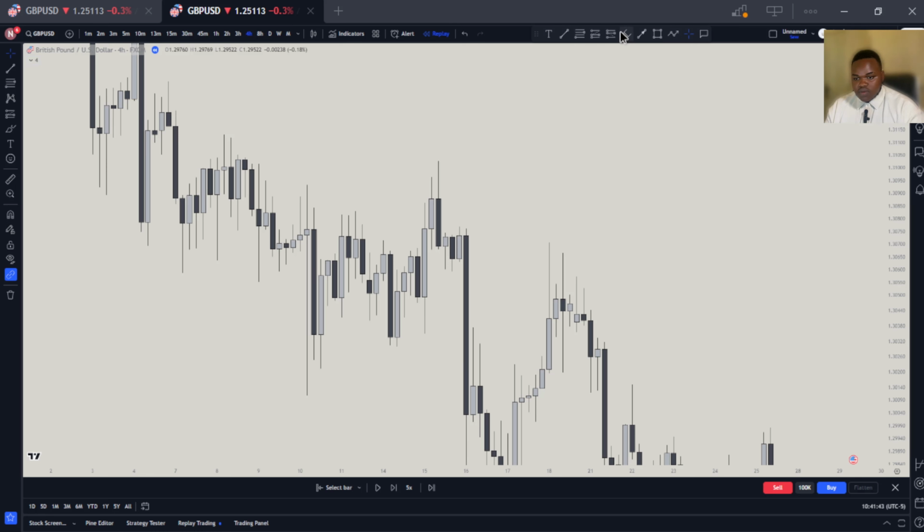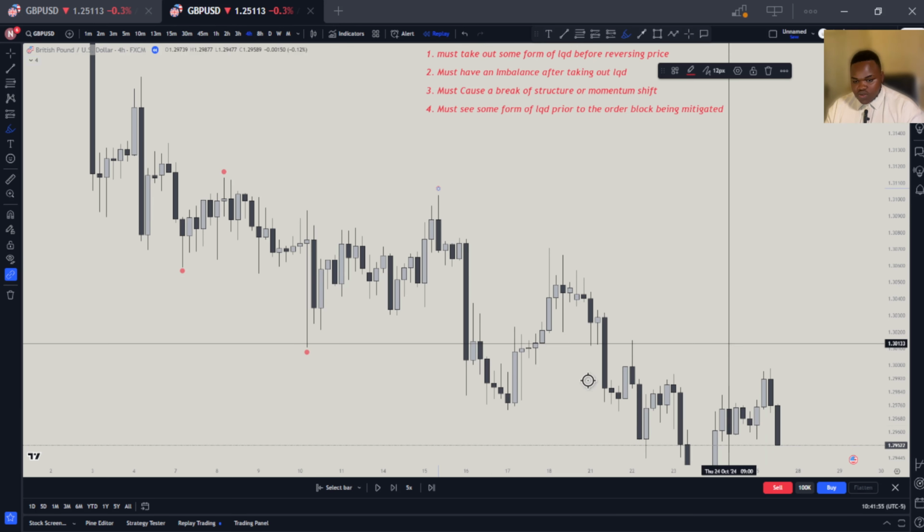So this was our lower low, this was our lower high, this was our lower low, this was our lower high, and this was the new lower low.